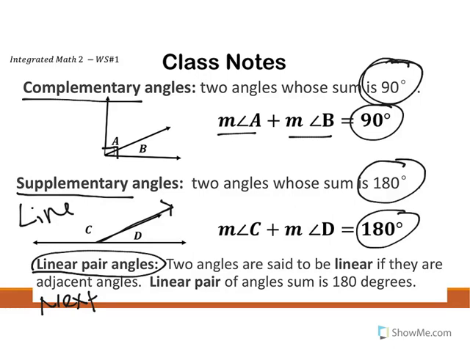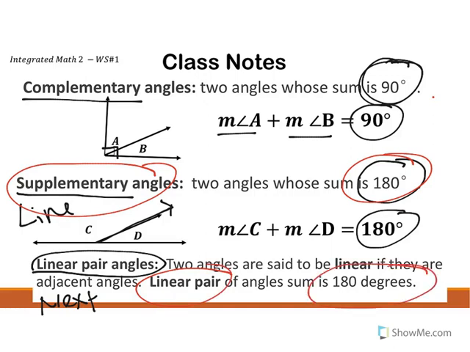The sum of a linear pair of angles is 180 degrees. So supplementary angles sum to 180 degrees, and a linear pair also sums to 180 degrees.